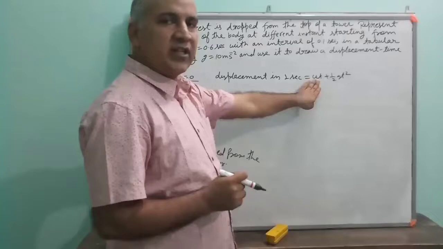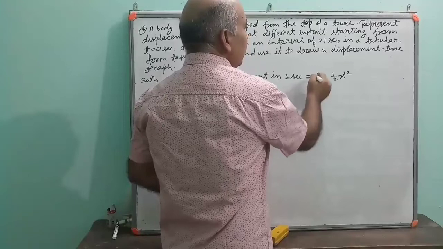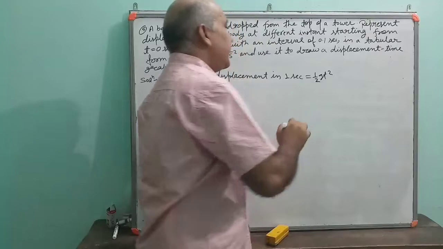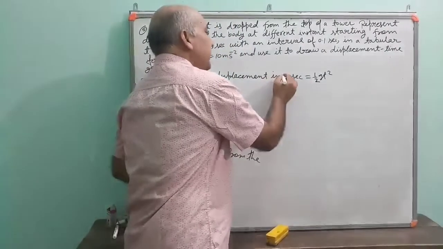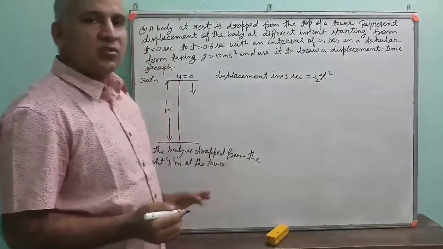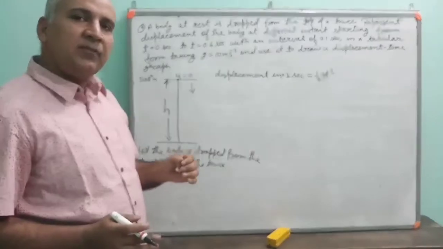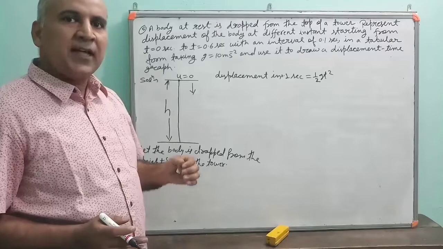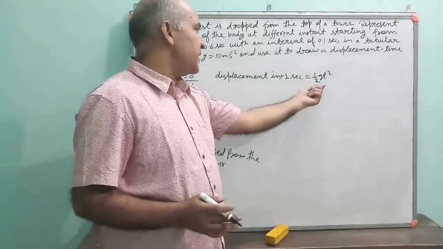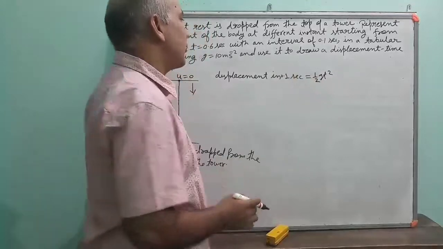Since initial velocity is 0, this term will always be 0, so we can remove it. We can find the distance in 0.1 second directly by using the formula half gt square. Understood? This is the noted point. If the initial velocity is 0 and we have to find the distance or displacement, then we can use this directly. Displacement will be equal to half gt square.